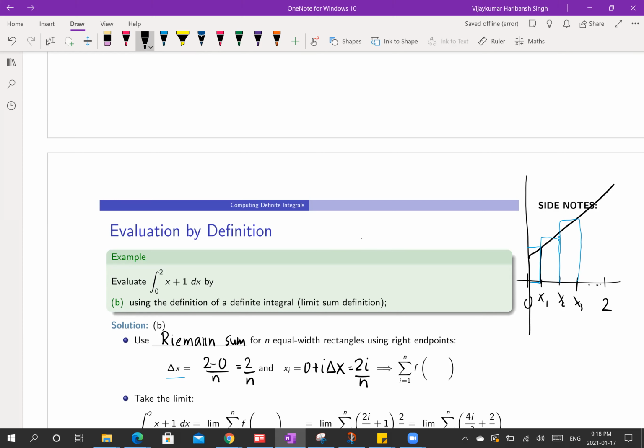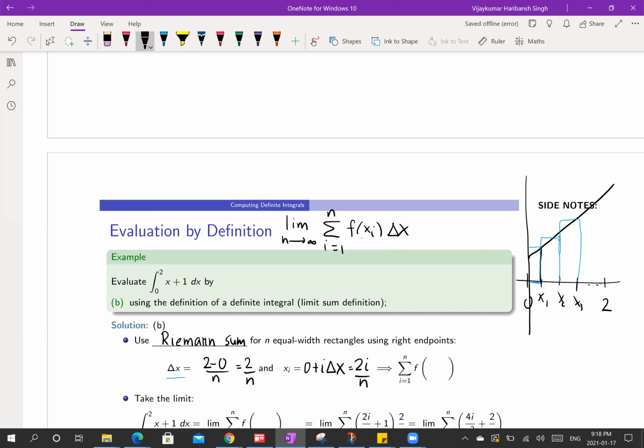So this implies summation i going from 1 to n of xi delta xi. Recall, we were first finding this and then taking the limit as n goes to infinity of this to find the value of the integral.